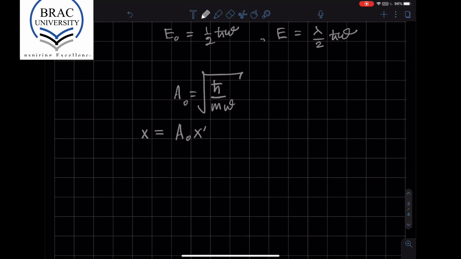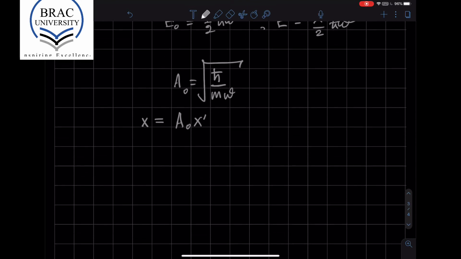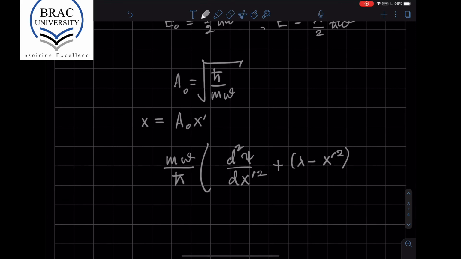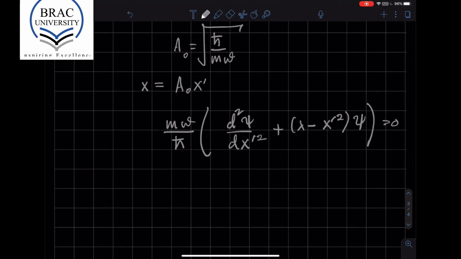If we introduce all these, then our Schrodinger equation becomes m omega divided by h bar, and then we have d squared psi dx prime squared plus lambda minus x prime squared times psi equal to 0. This is just a constant factor, so we can just drop this.